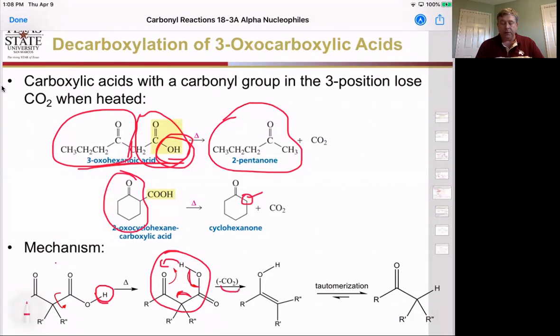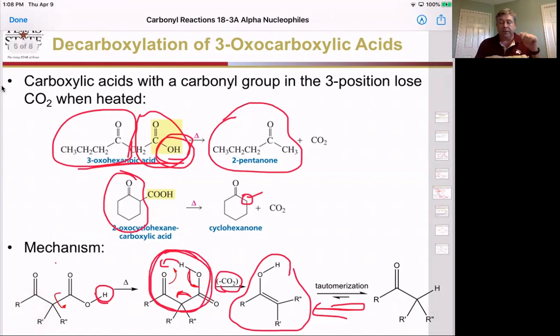So we end up generating CO2, and we end up generating our enol. Once we form our enol, it of course can tautomerize to go back and forth between the enol and the ketone. Okay, so the key step here is you must have, one, an acidic proton, and two, it must be a beta dicarbonyl so you can form this six-membered ring, okay?